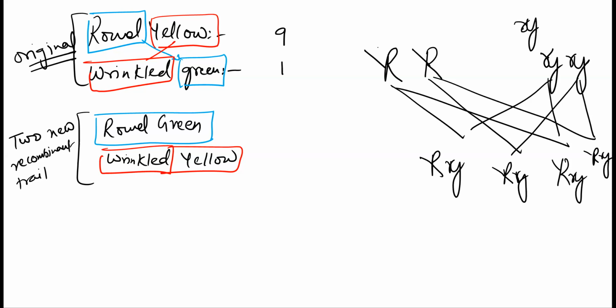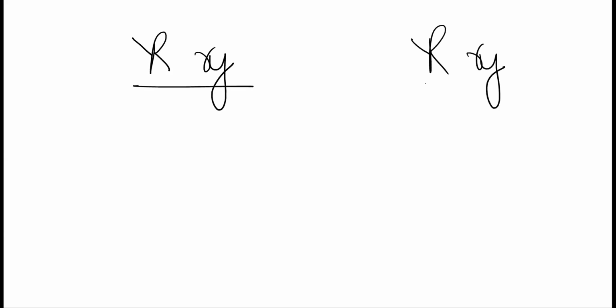There is a single gene. Now, if we crossbreed this one with this round yellow, when it is self-pollinated, this is round yellow, this is round yellow. This gene controls round yellow, both. This gene controls wrinkled green, both.